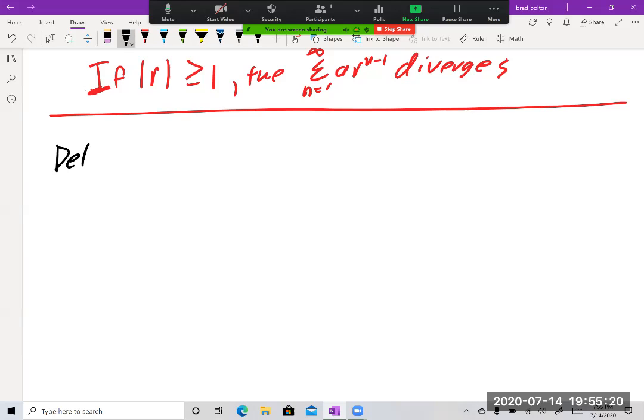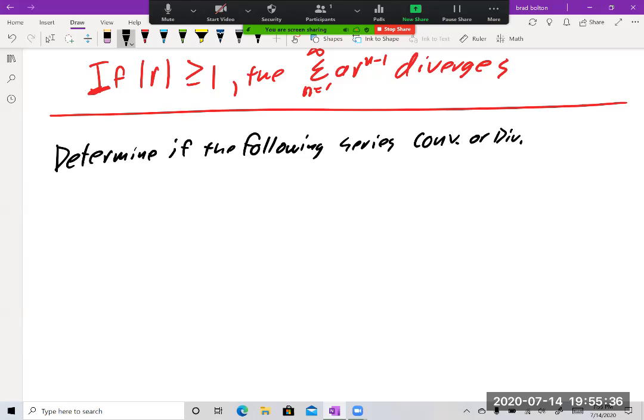Determine if the following series converges or diverges. If convergent, find the sum.